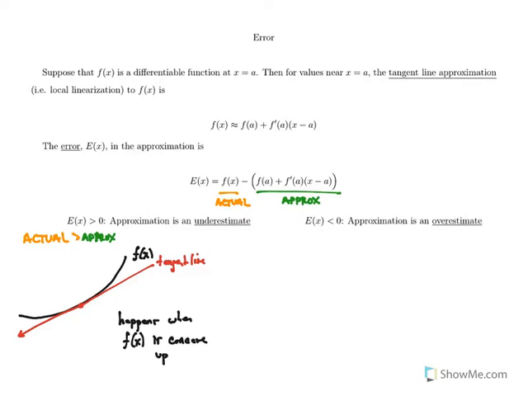So we can determine if this tangent line approximation is going to be an under or over estimate by just thinking about the concavity. When the error is less than 0, we're saying that the actual value is less than the approximation. And that's going to happen when the function is concave down.